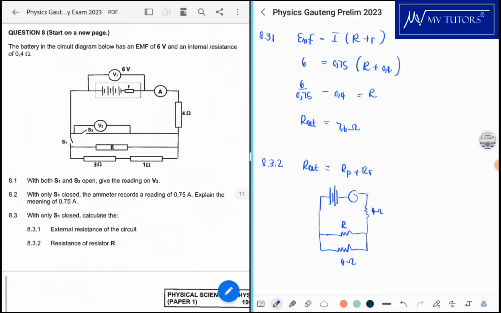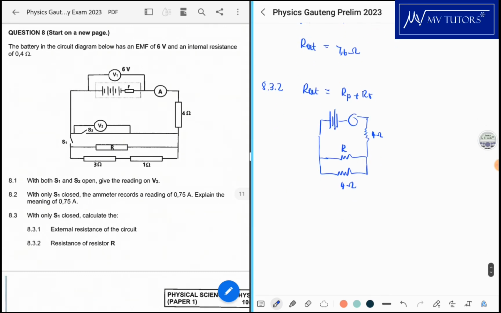So we have resistors in parallel and those in series. Let's just get what the ones in parallel are. Basically we have 1 over R plus 1 over 4.